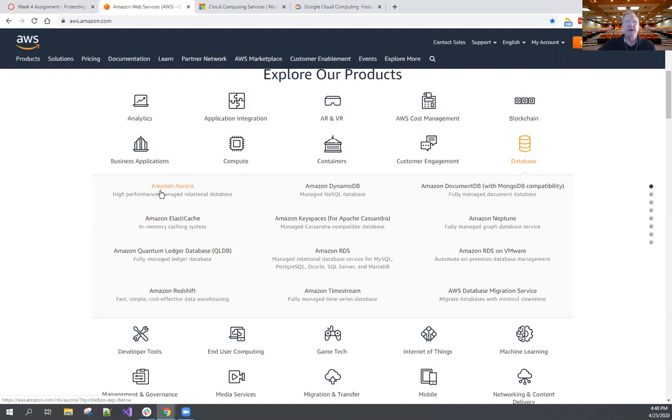So this one, Aurora, is Amazon's version of a database. It's like their relational database management system that they own, that they created. The difference down here, and this is one that I'm thinking of, is this one hosts database management systems that belong to either open source or other vendors.